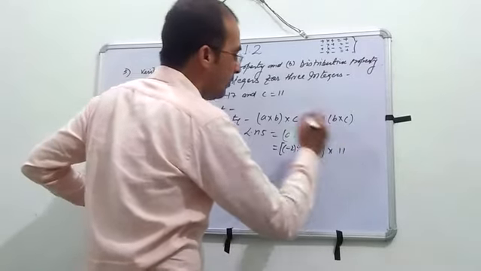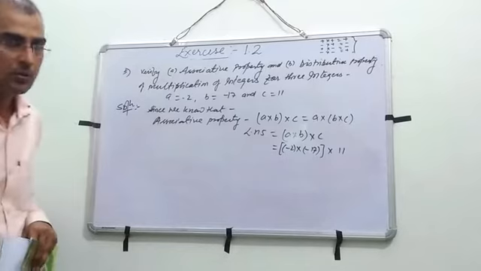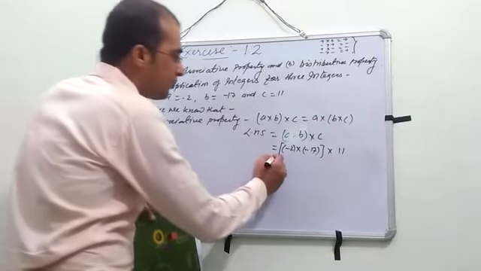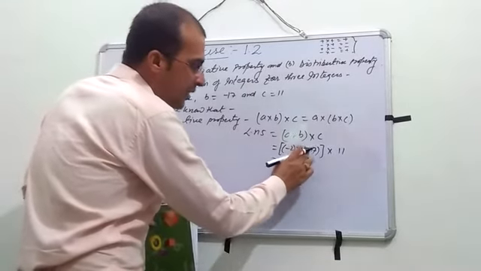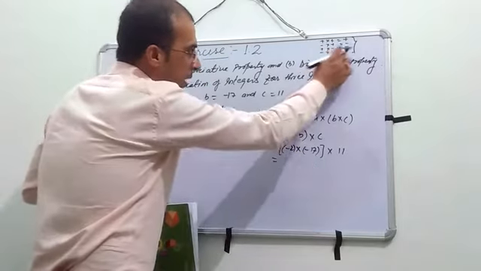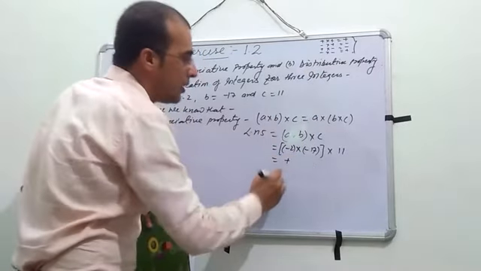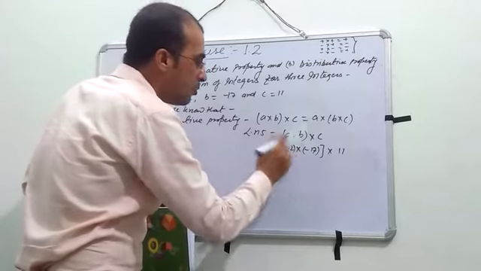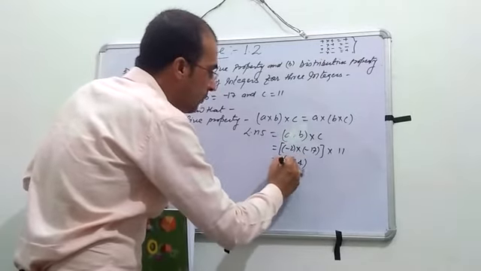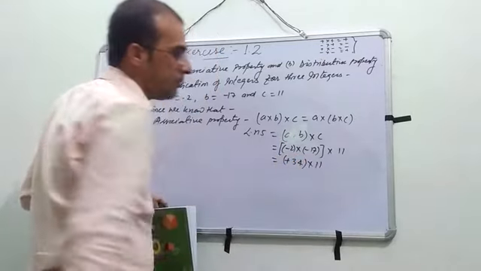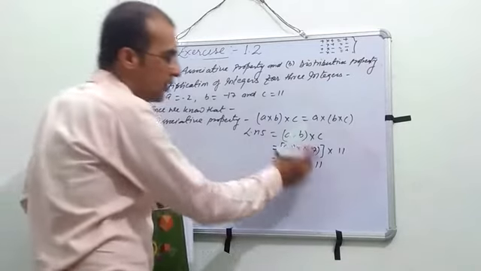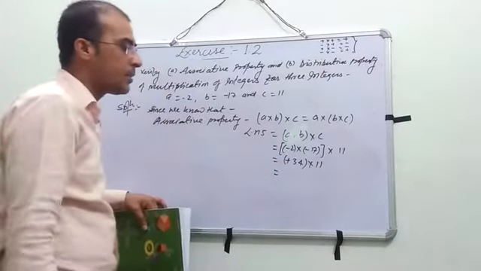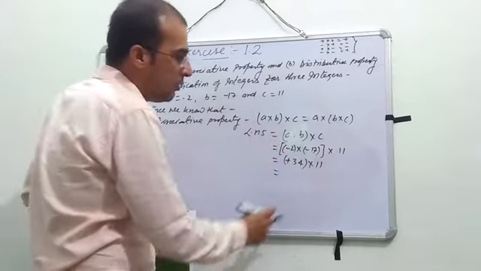C equal to 11. Is it clear? Now minus into minus equal to plus, then plus 17 2 ja 34 into 11, and again both are positive, so in this case it will be positive.